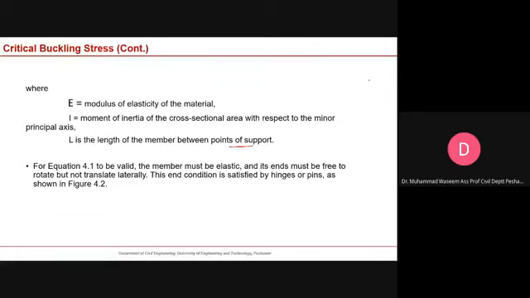It means that if your compression member is very slender, what will happen to the stresses? If we have stress and strain, this is the behavior of the steel, and up to here you have the proportional limit.